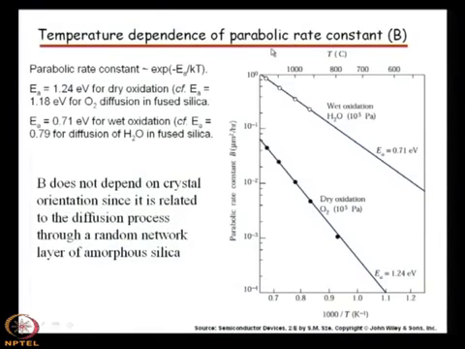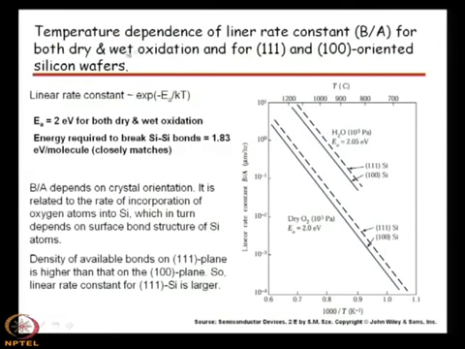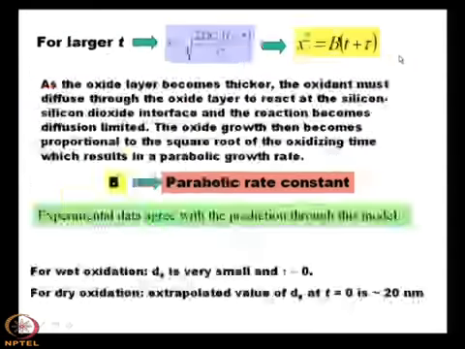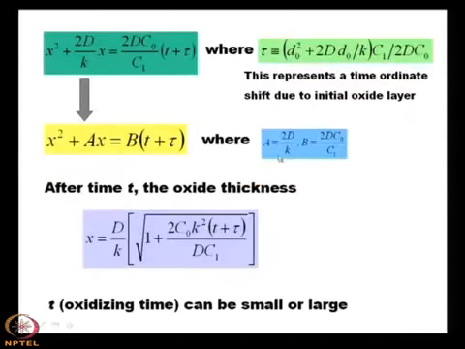Then what about the parabolic rate constant? This was the temperature dependence of the linear rate constant, and this is the temperature dependence of the parabolic rate constant B. And quickly we can see what B is: B is 2 D C0 by C1. This D is the diffusivity or the diffusion constant.